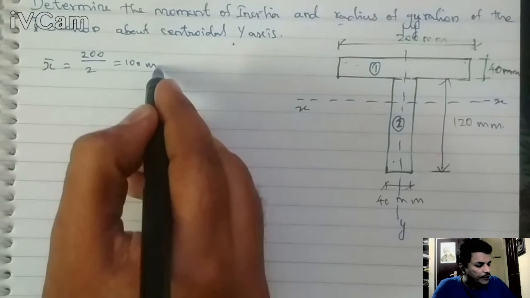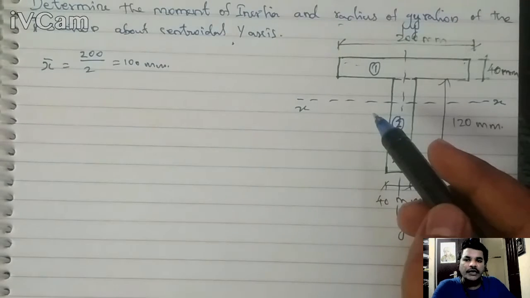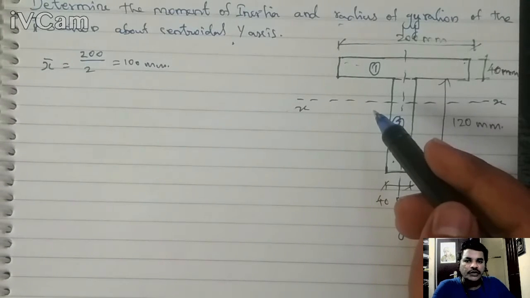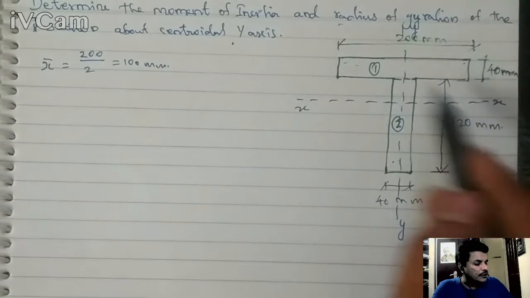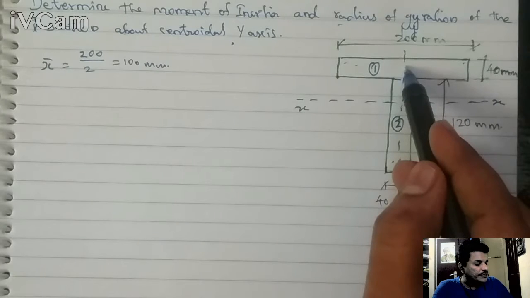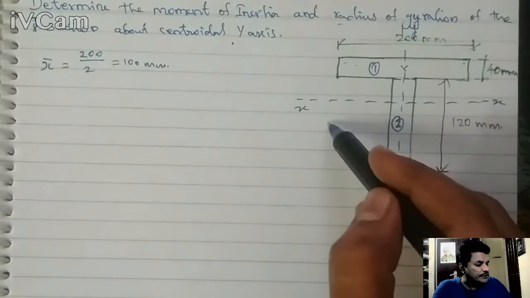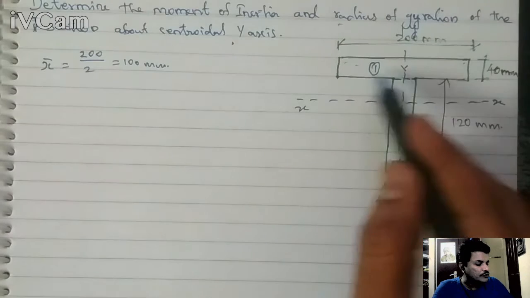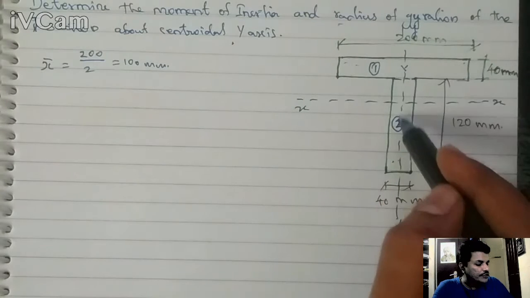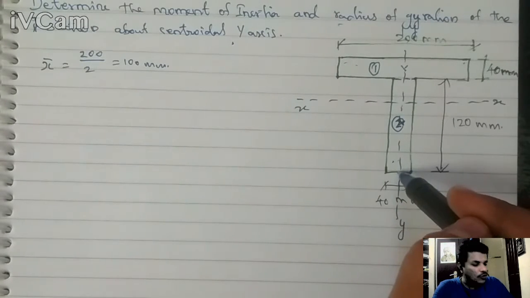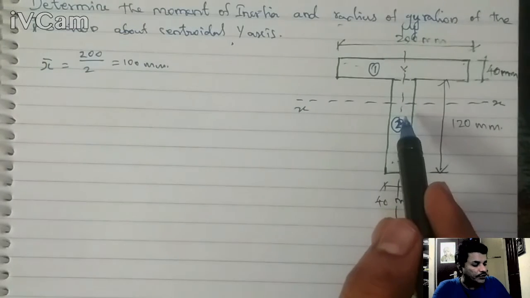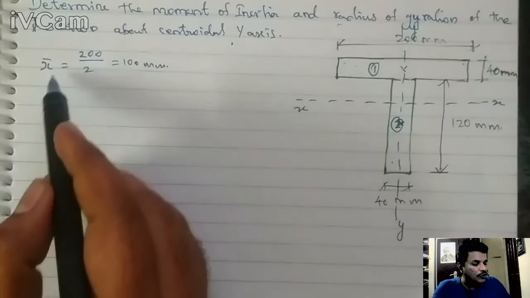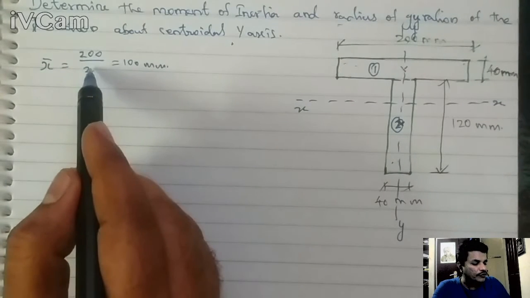How it is symmetrical: using the formula a1 x1 plus a2 x2 divided by a1 plus a2, the x1 value from the extreme left or right to the centroid of the first section, and x2 from the extreme left to the centroid of the second section, coincide on the same line. That's why I am calculating directly. So x bar equals 200 by 2, which is 100 mm.